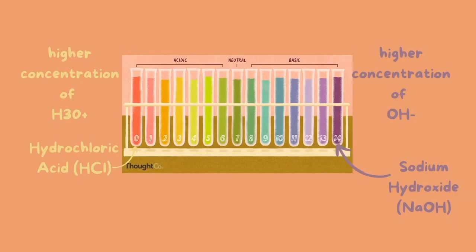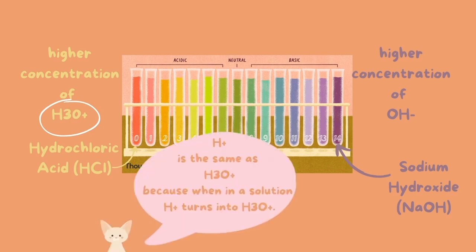So there's one last thing I want to mention here, very important. I wrote down here that acids have a higher concentration of hydronium ions. However, if you remember, our cat mentioned that hydrogen ions are pretty much the same as hydronium ions, because hydrogen ions, when they're in a solution, turn into hydronium ions.